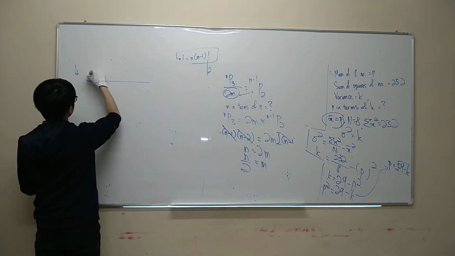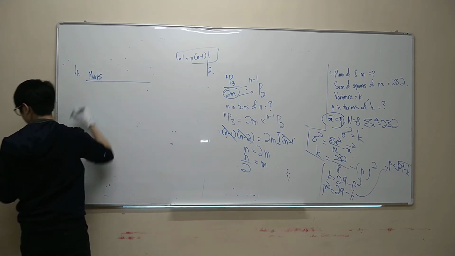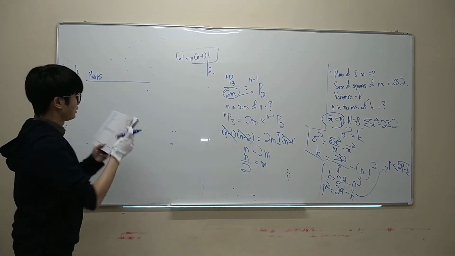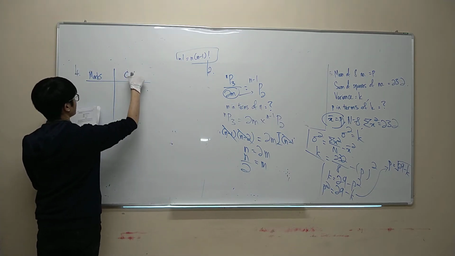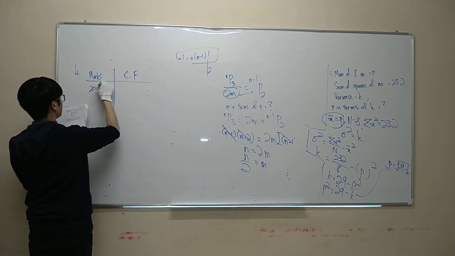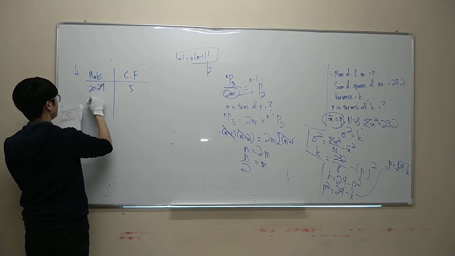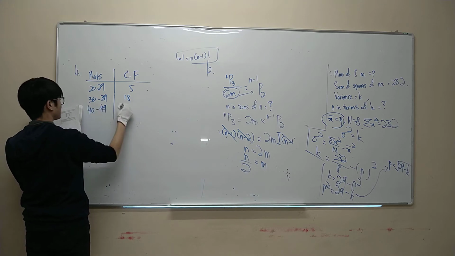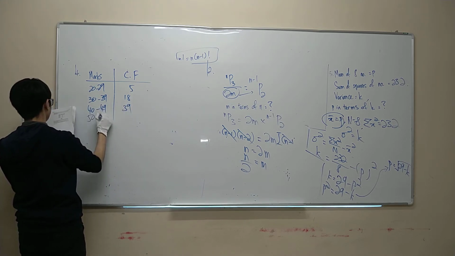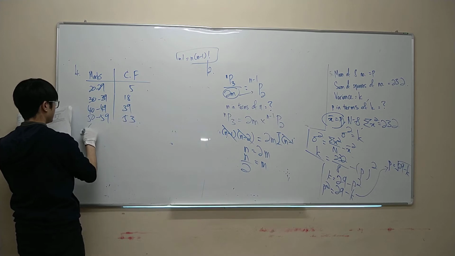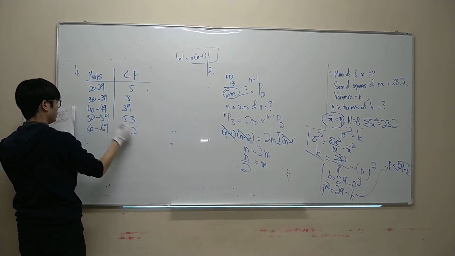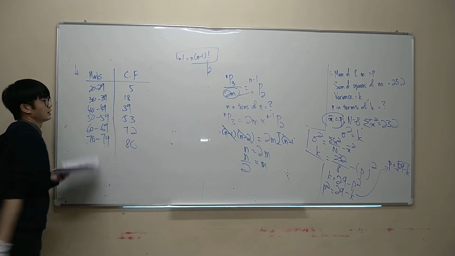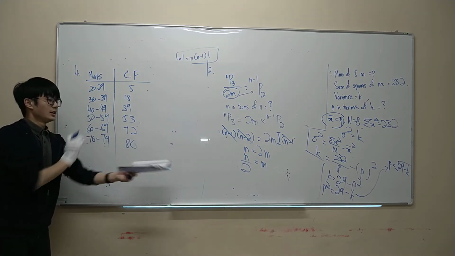This is also statistics, so they give you marks and they give you cumulative frequency. 20 to 29, 5; 30 to 39, 18; 40 to 49, 39; 50 to 59, 53; 60 to 69, 72; 70 to 79, 80. Alright, so what you do here?